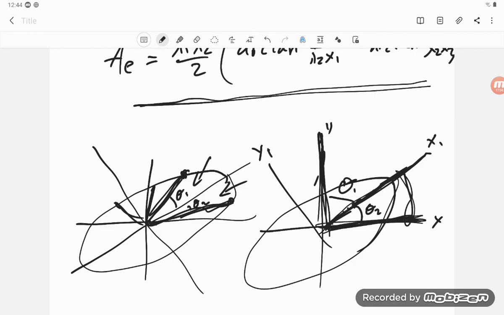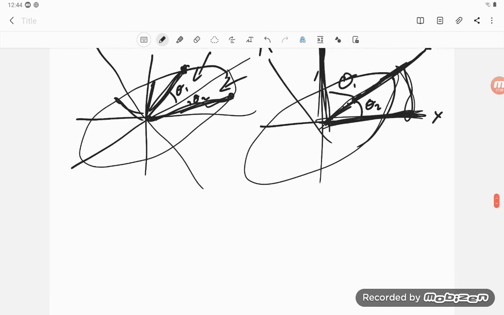I need a way to take a look at my ellipse in the form a x squared plus 2hxy plus b y squared equals c.